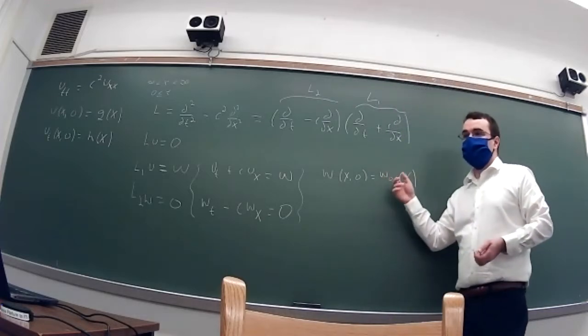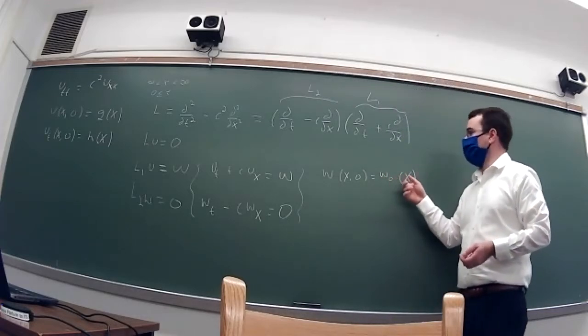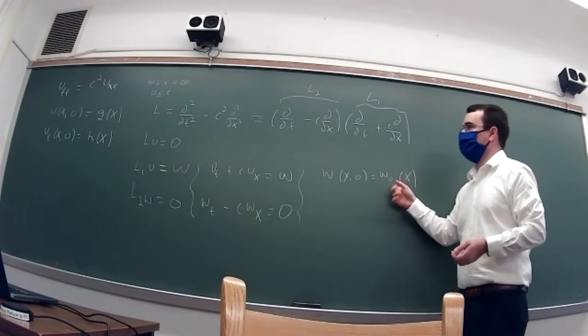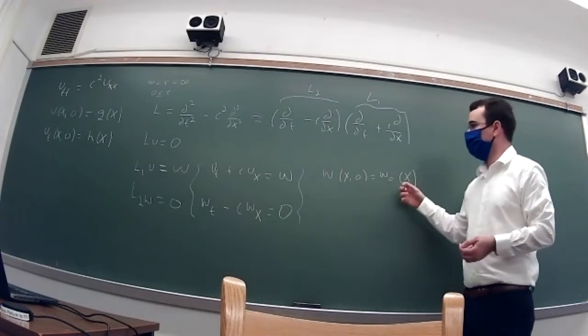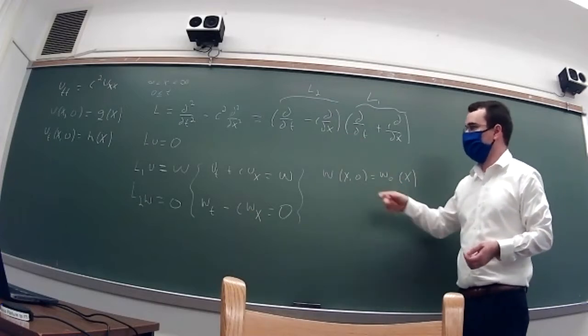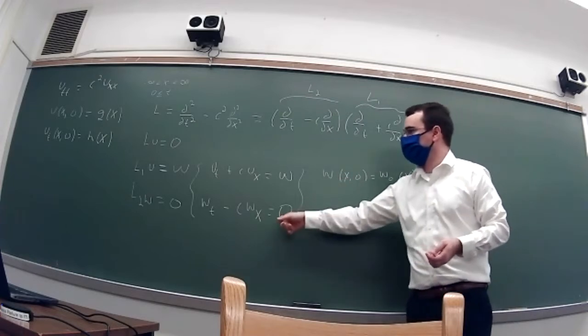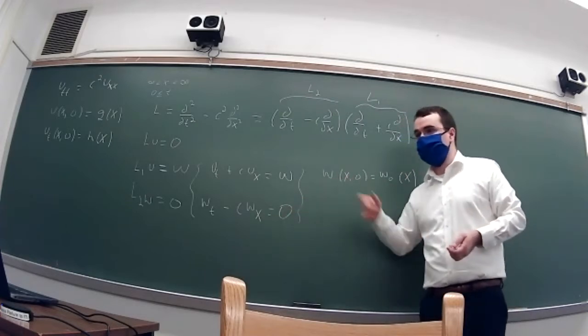This initial condition we get to specify, and I'll choose this function later in terms of G and H, but for now, just so we all have the same notation, please solve this equation with that initial condition.